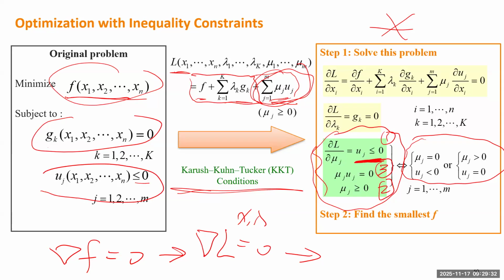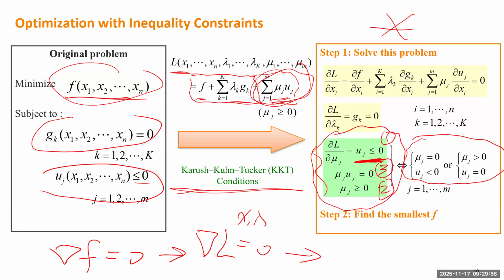We have to separate into two scenarios. If it's equal, that will be exactly the same as the equality constraints, so we'll have a positive multiplier, which means penalty. But if it's less than 0, that means the multiplier doesn't need to exist.